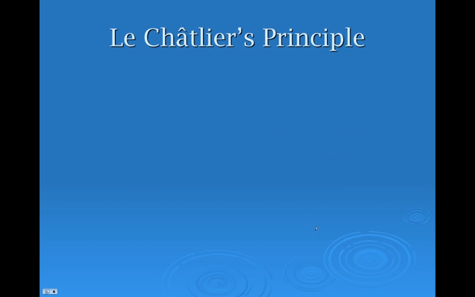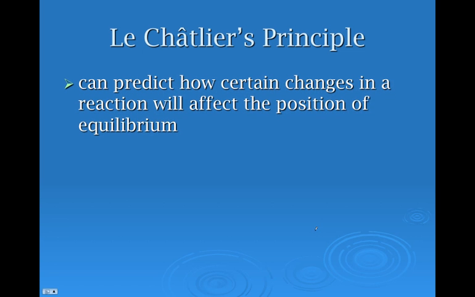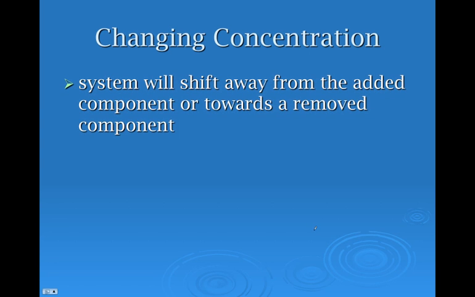What I want to end with real quick is just a reminder about Le Châtelier's principle, that you can predict which way the reaction is going to shift to respond to changes. In basic concentration changes, it will shift away from whatever species is added, and towards the side where a species is removed.